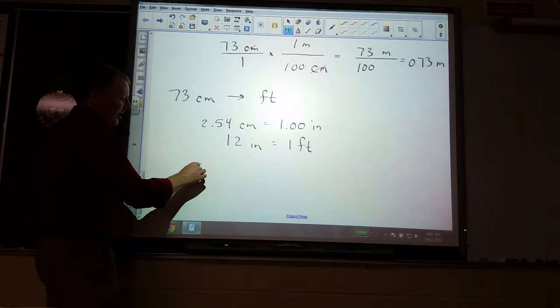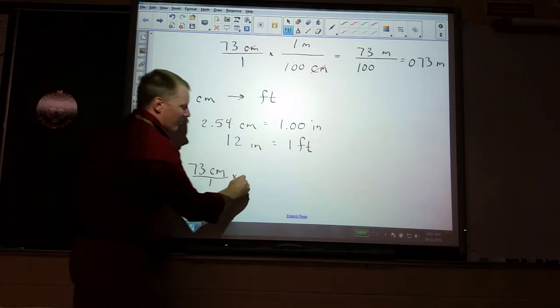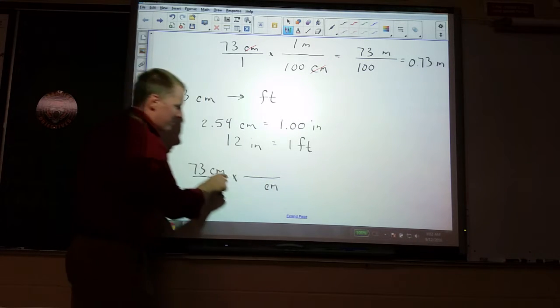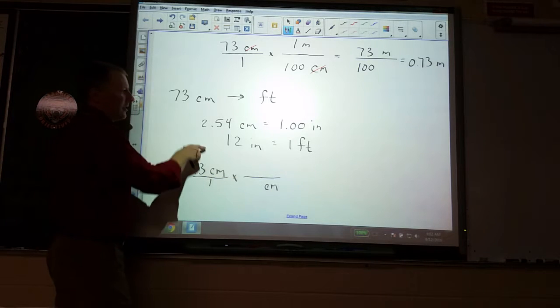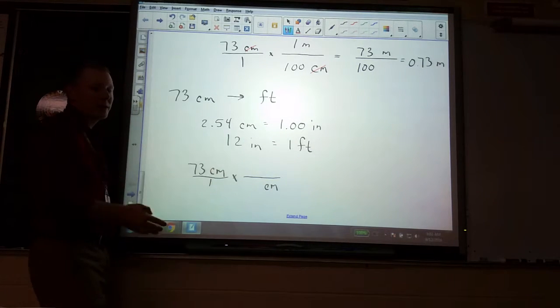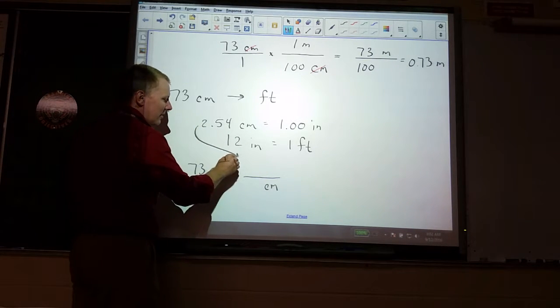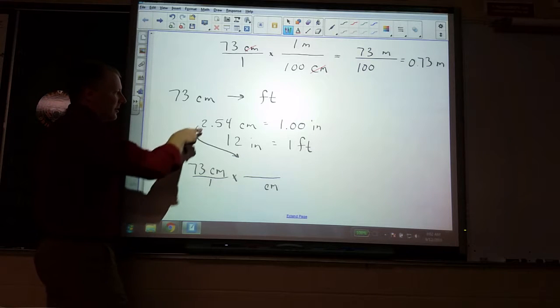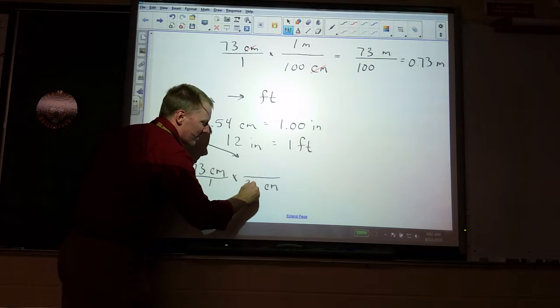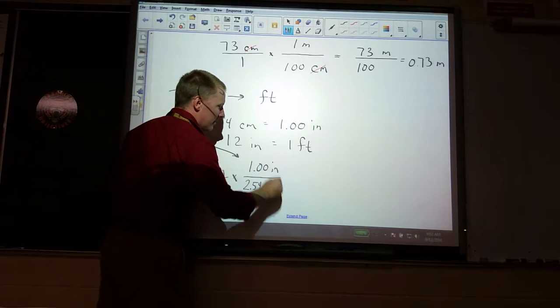We're going to start the same way, whatever we're given, over 1. I know that my next fraction should have centimeters in the bottom, so I can cancel those. And so I look up, okay, I know how to get it, maybe not into feet, but into inches at least. The number 2.54 goes with centimeters. The number 1 goes with inches.